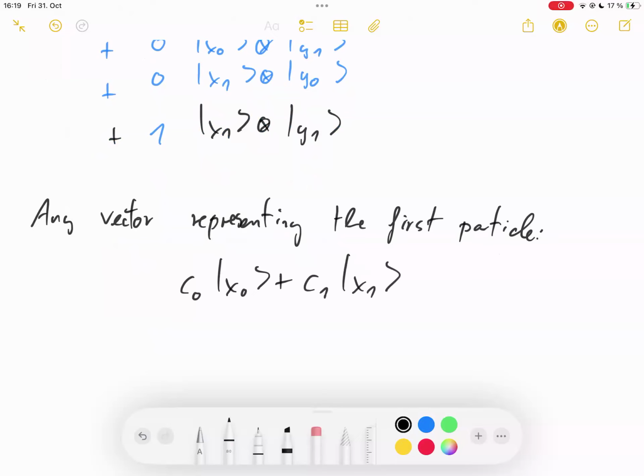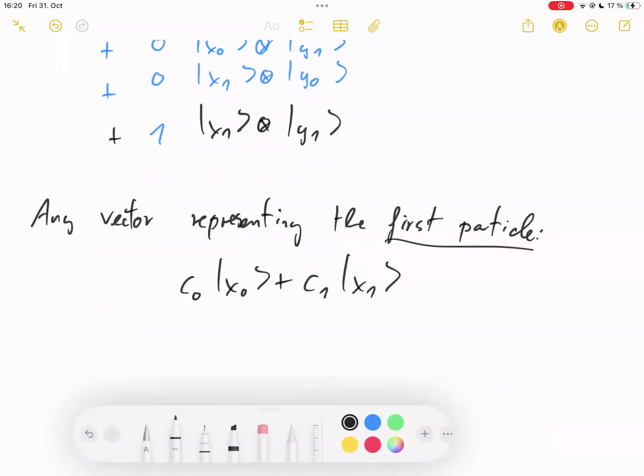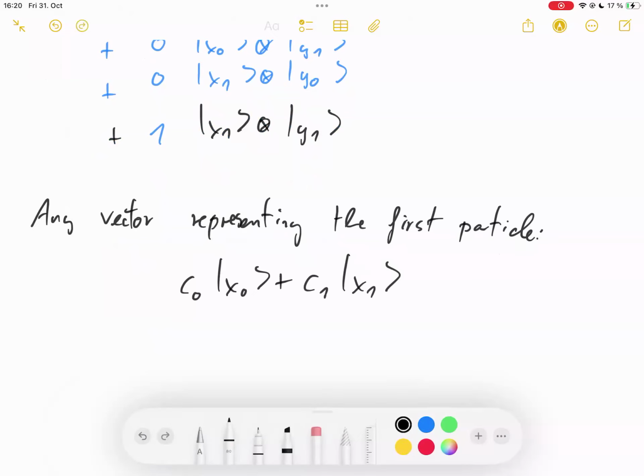So for the first system, any vector, any state from the first system could be written like this, where we assume n and m is 2.